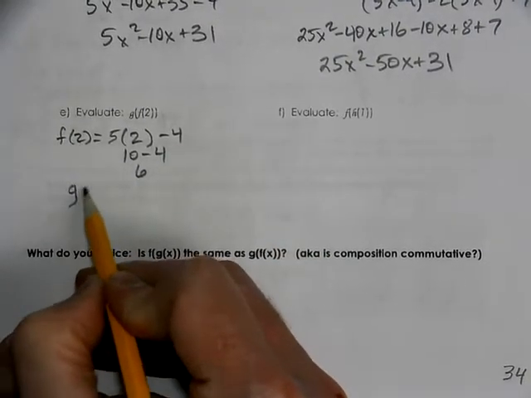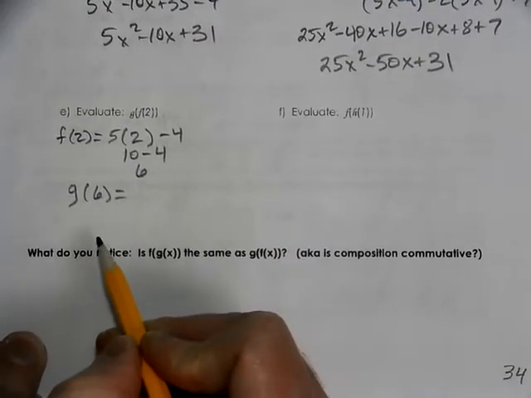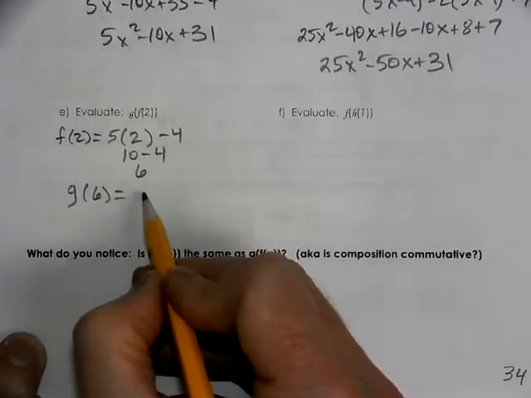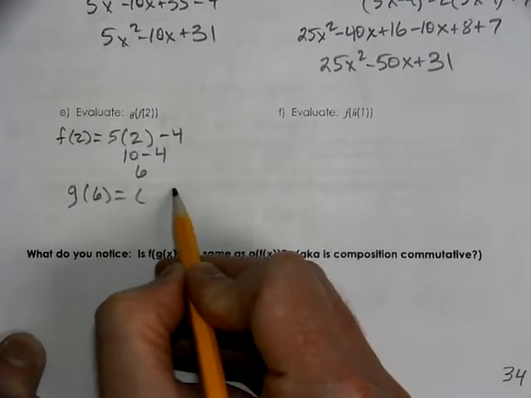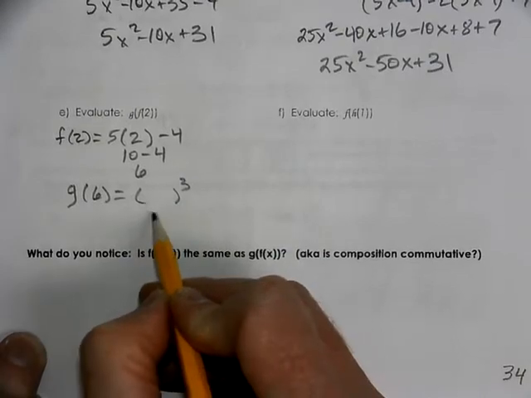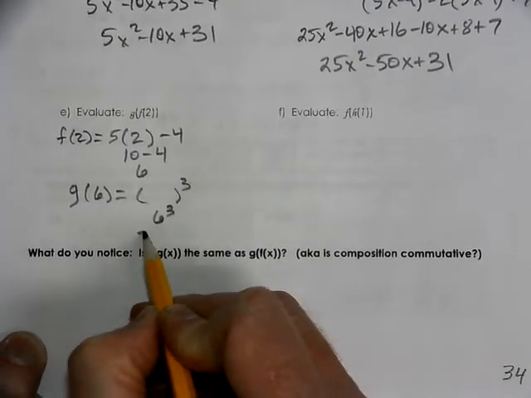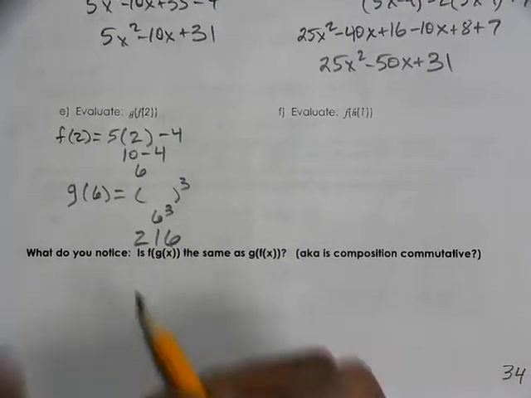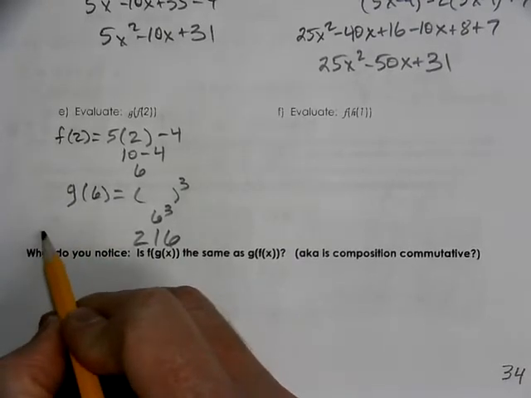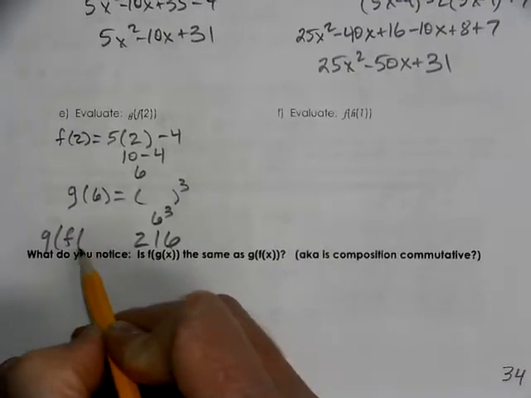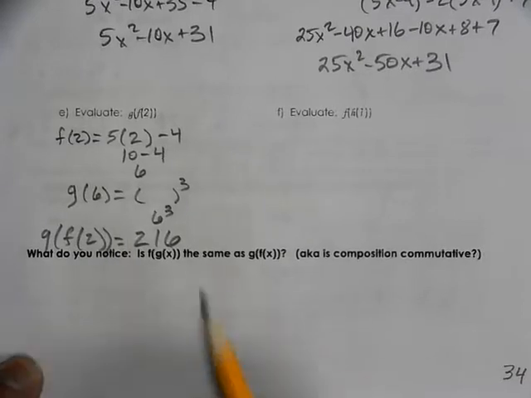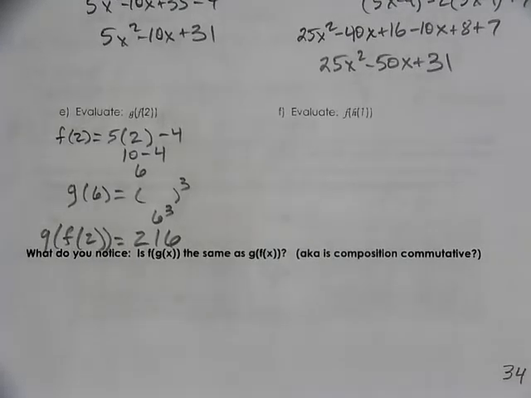Then we're going to take the g function and plug the 6 in its place. So the g function is just something being cubed. So we have 6 being cubed, which is 216. So g of f of 2 is going to be 216.